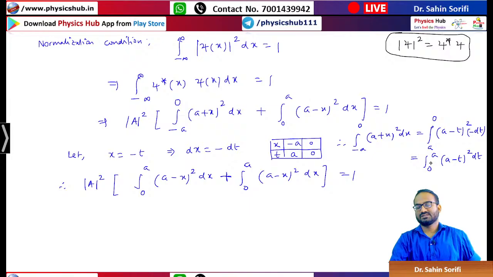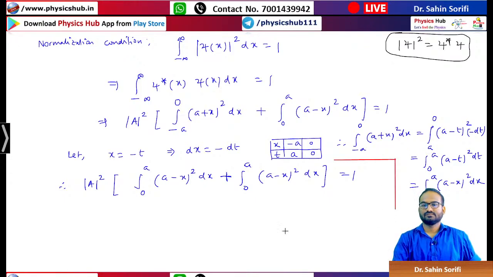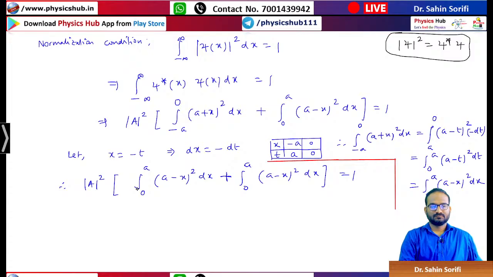This minus sign just changes the limit. So it is equivalent to writing 0 to a, (a minus x) square dx. I hope this makes sense. So these two integrals are equal.